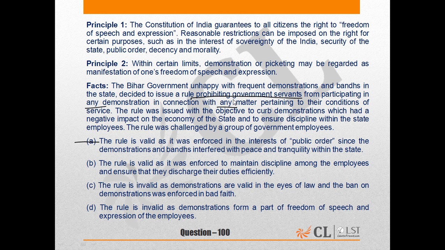Principle 1 says that reasonable restrictions can be imposed on the right for certain purpose, and within certain limits, demonstration or picketing may be regarded as manifestation of one's freedom of speech and expression. But over here, there is an absolute ban of government servants from participating in any demonstration in connection with any matter. So therefore, the rule is invalid. So therefore, A and B cannot be the answer.